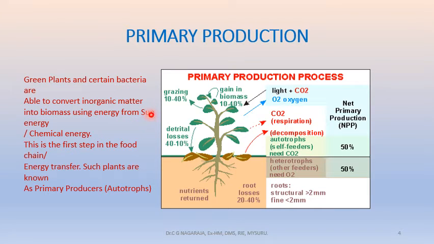Those plants which produce the primary production are called autotrophs because they have the mechanism for converting inorganic nutrients into food material. For that purpose, they require the solar energy and they use carbon dioxide available in the atmosphere.